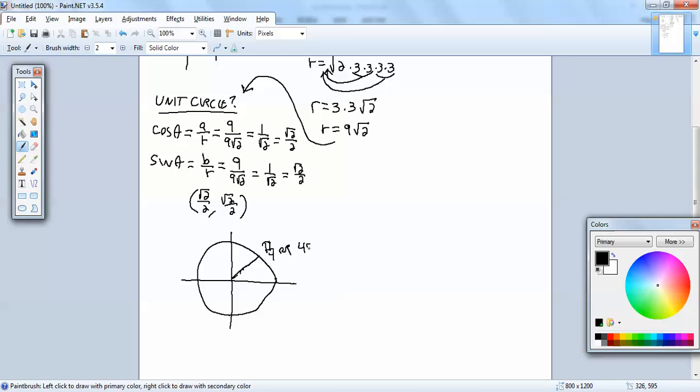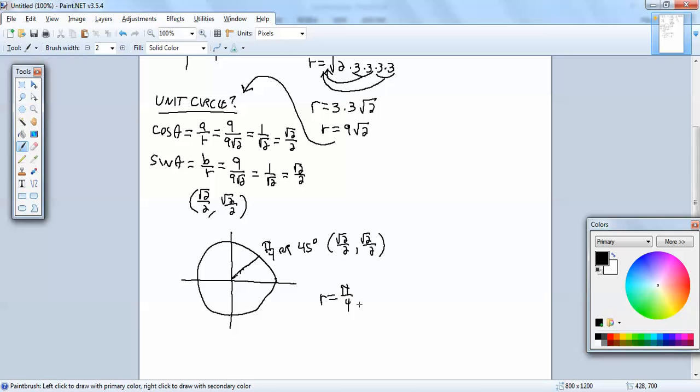And this point is square root of 2 over 2 and square root of 2 over 2. So we can see that our angle is going to be pi over 4. Now sometimes you'll find it easier to put it into degrees, especially when we're doing other formulas. So you should feel comfortable with it being either way.